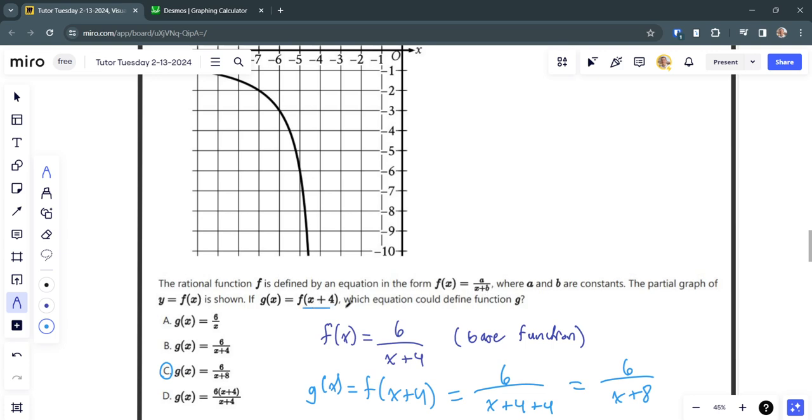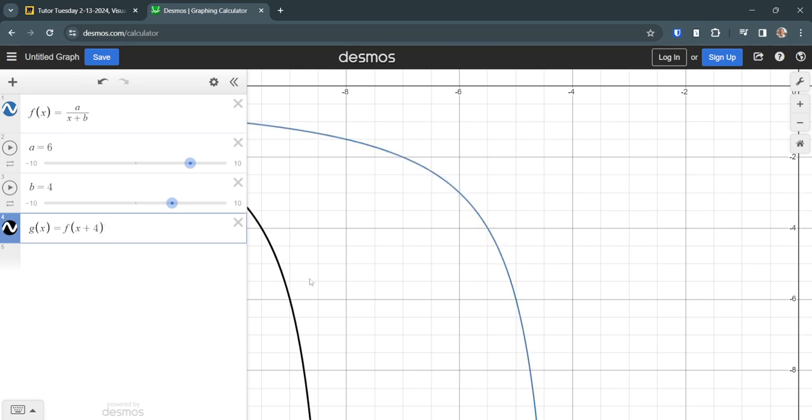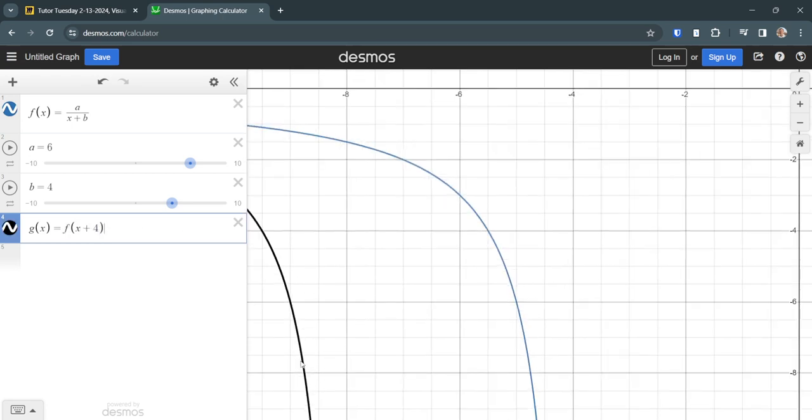As you can see, all we did when we made g of x equal to f of x plus 4 is that any x values that we previously had, we replaced with x plus 4. So notice here I had 6 divided by x plus 4. I then replaced my x with x plus 4, so it becomes x plus 8 in the denominator. g of x equals f of x plus 4 basically just means that it's going to be shifted even further.